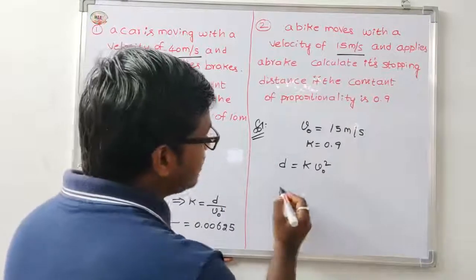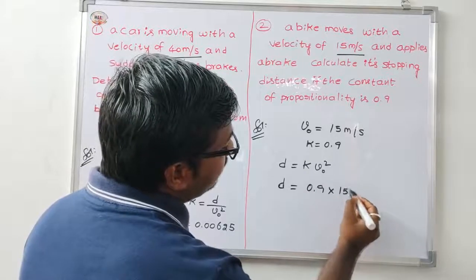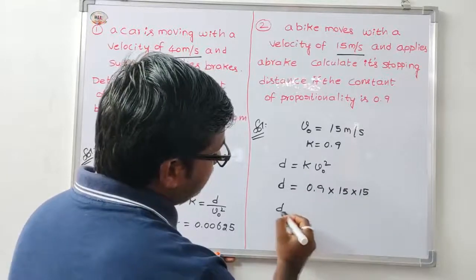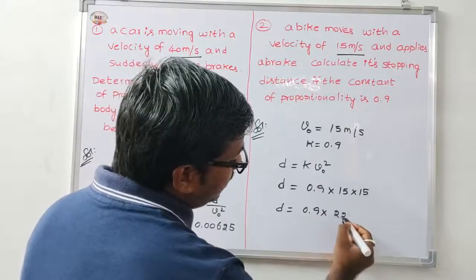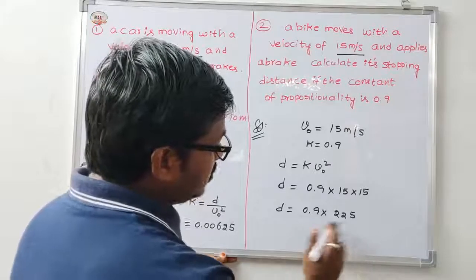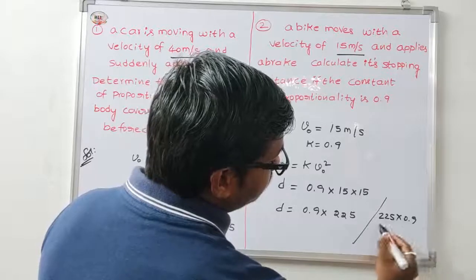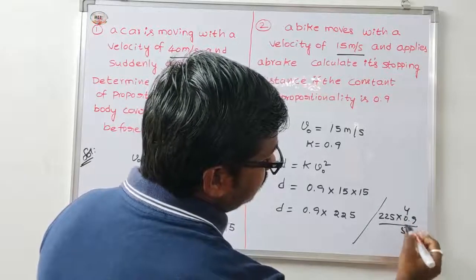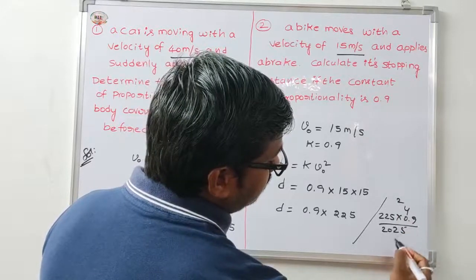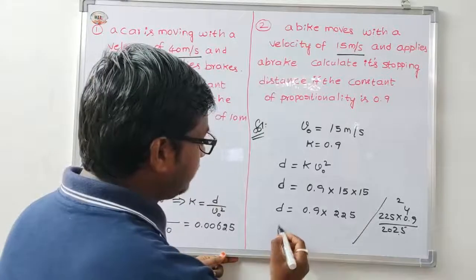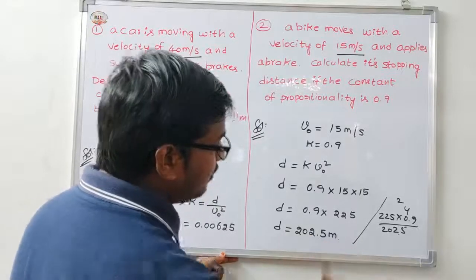Very simple problem, students. d is equal to k value 0.9 into 15 square, that is 225. Multiplying these two, d is equal to 202.5 meter.